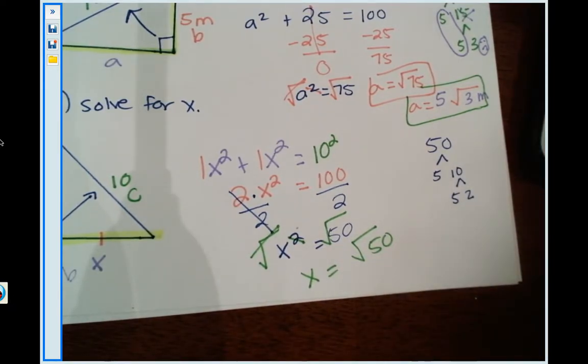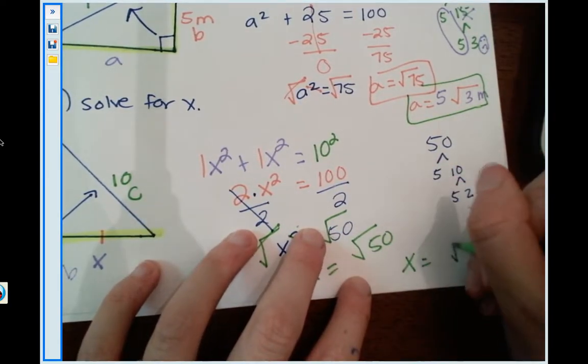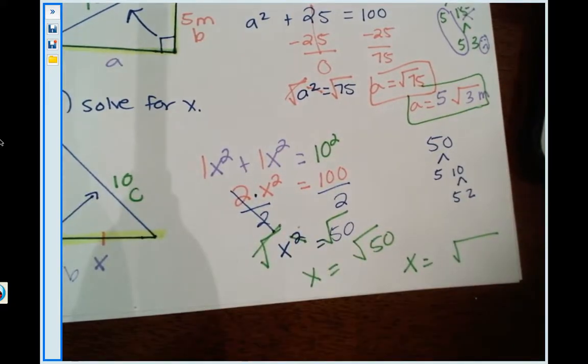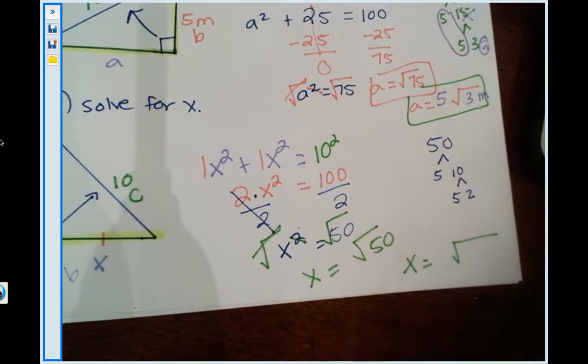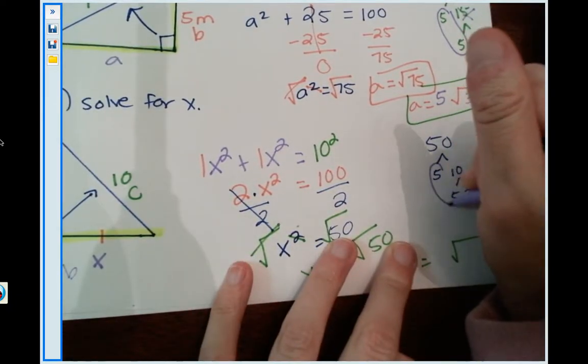Now I have to determine what stays outside of my square root and what goes on the inside, and we do that by finding our cute little couples at the ends of the branches. Do you spot any cute little pairs at the ends of the branches in my factor tree? I spot one right here. We got a cute little couple of 5s.